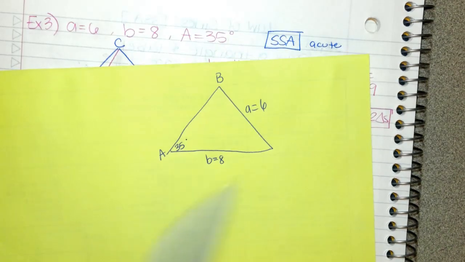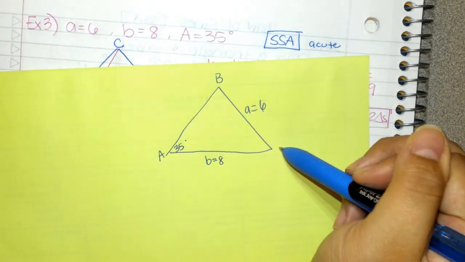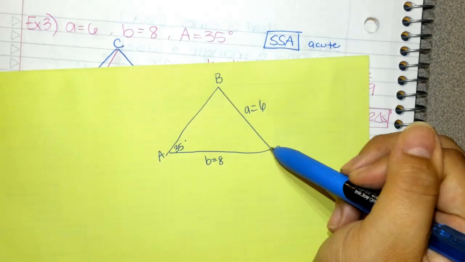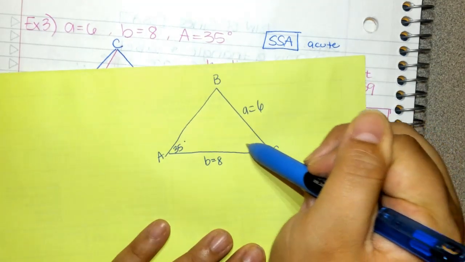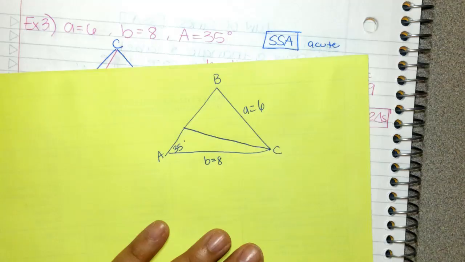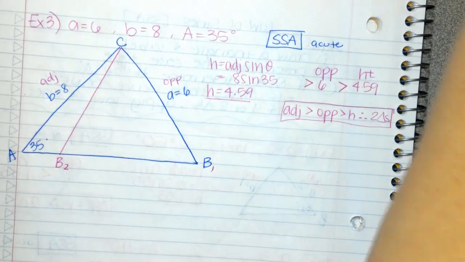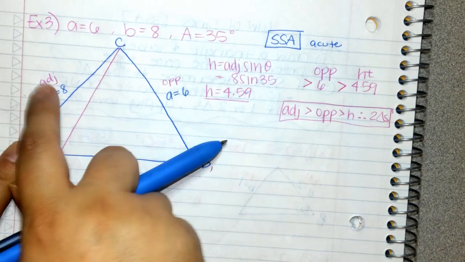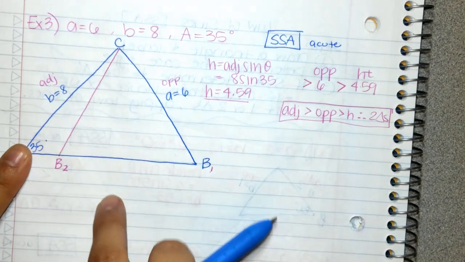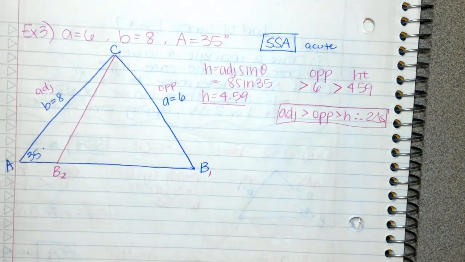Do y'all agree this is SSA? You would start with the angle in between them, both sides, and then you're going to draw a line towards the angle I give you. So that's how you would do it if you switch it around. I am always going to put the angle right here and my adjacent side right here. I don't like putting my adjacent side on the bottom, but you do you.